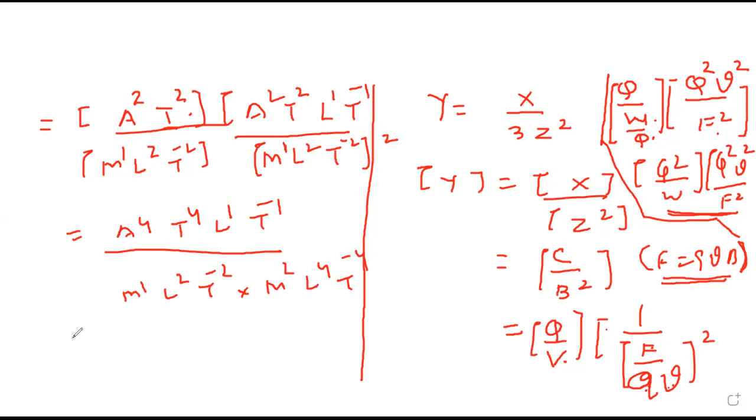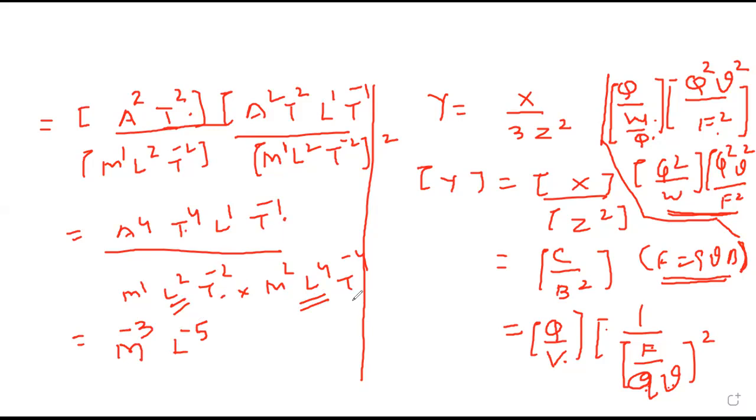Yes, sir. After this, M1 M2 is M3, goes up, M raised to minus 3. M part is over. Now L2, L4 means L6, goes up minus 6. 1 minus 6 will become minus 5. M raised to minus 3, L raised to minus 5. Now T: 4 and minus 1 is 3.